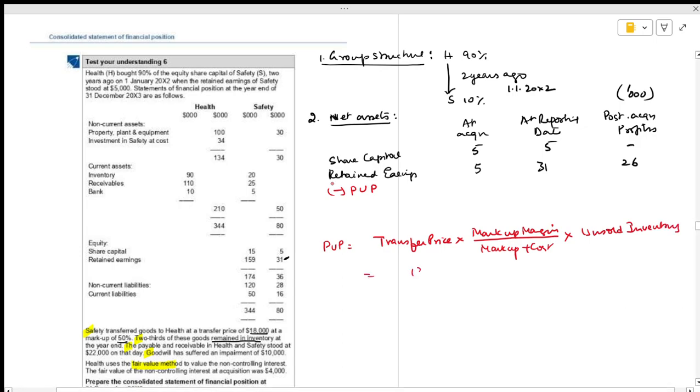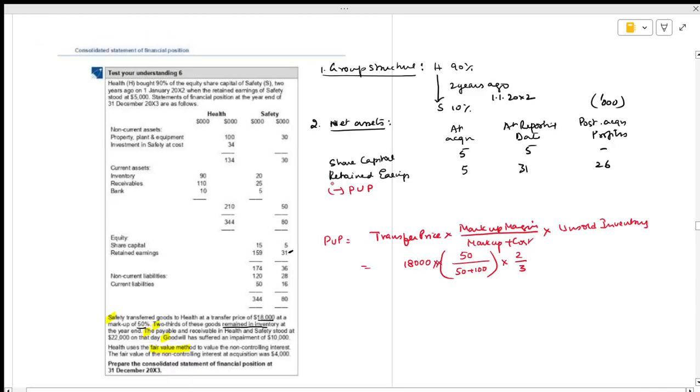Transfer price is 18,000, markup is 50%, so 50 plus 100. The unsold inventory is two-thirds. Read this carefully, slowly.